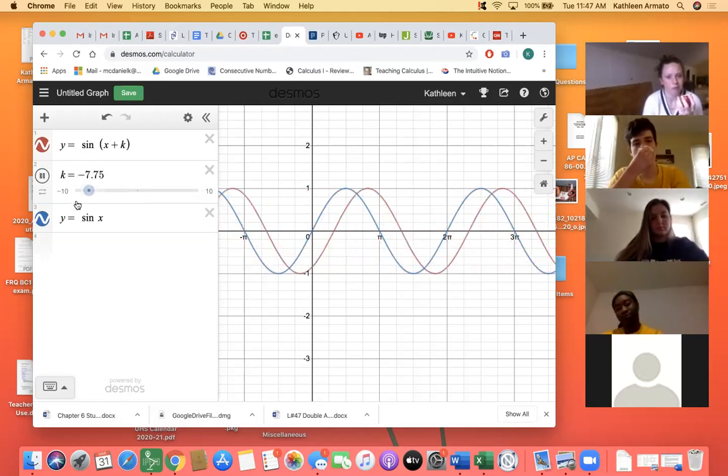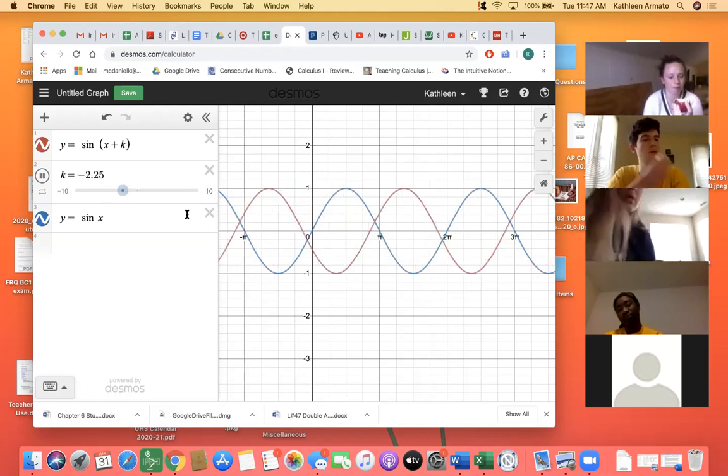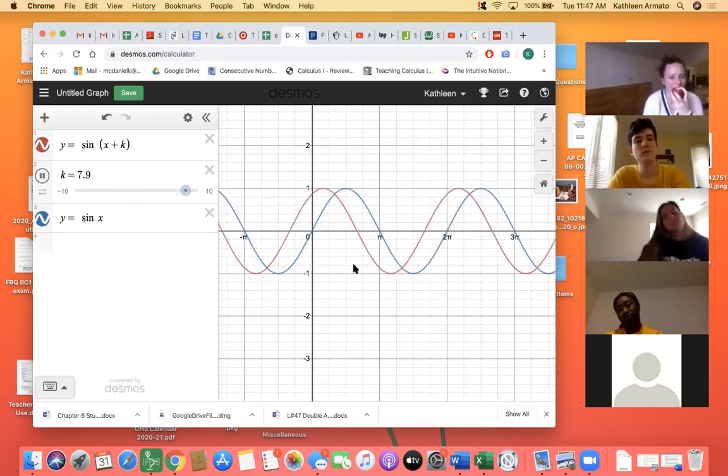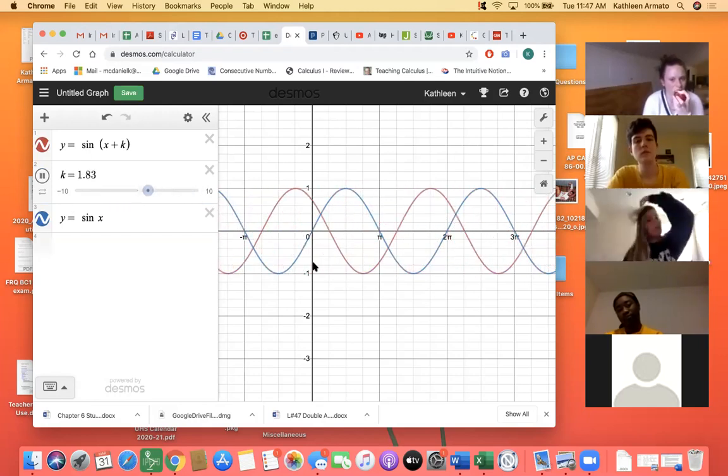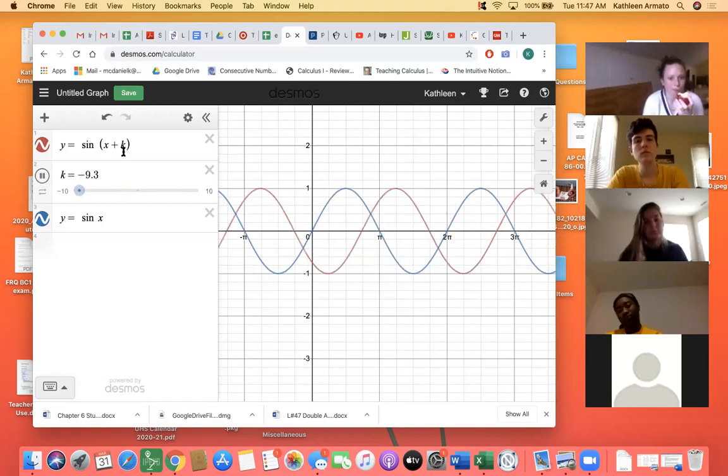So K is changing values. It's going from negative 10 to 10, and we can see that the graph is moving as K changes. Isn't that pretty cool? You can stop it.